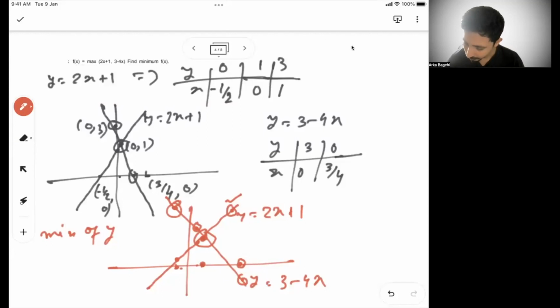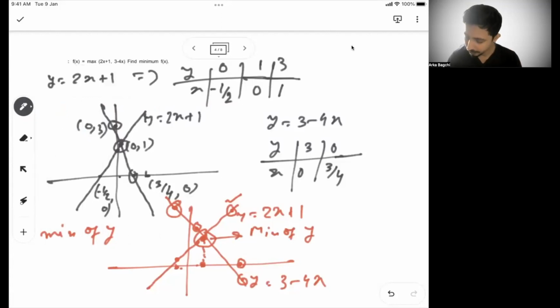So for this x, we can say this is the value of y. So this is the minimum of y possible, because y always takes the maximum value between the two expressions. And out of these two expressions, this intersection point is going to be the minimum. So if I have to do this, then what is the equation?